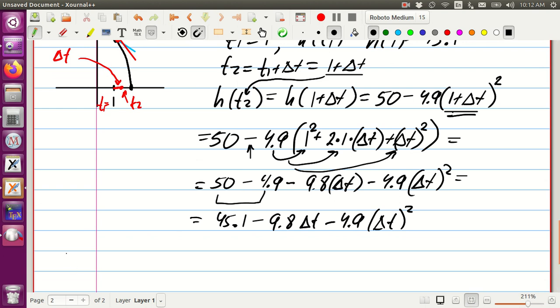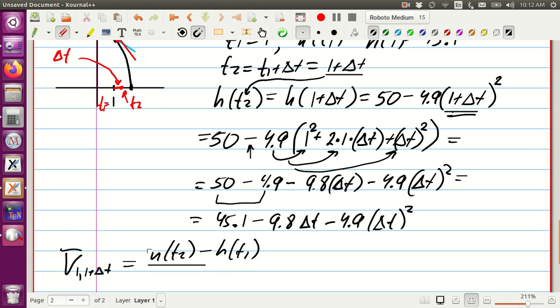So we say average velocity between 1 and 1 plus delta t is equal to h of t2 minus h of t1. Or maybe I'll do an extra step and write out what is the actual quantity here.